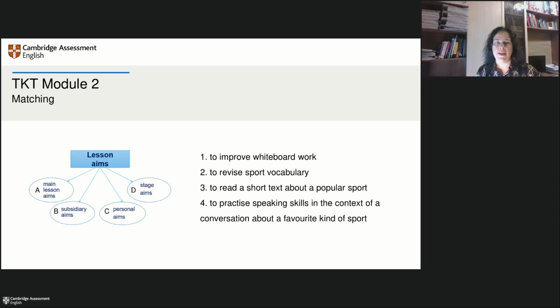Can you see the letters? Let me use the pointer here. Here are the letters A, B, C, and D, and the numbers are here. So let's use the same letters and the same numbers to be consistent, to help each other. Good. Thank you. Okay, great. That's interesting that you're using different strategies.